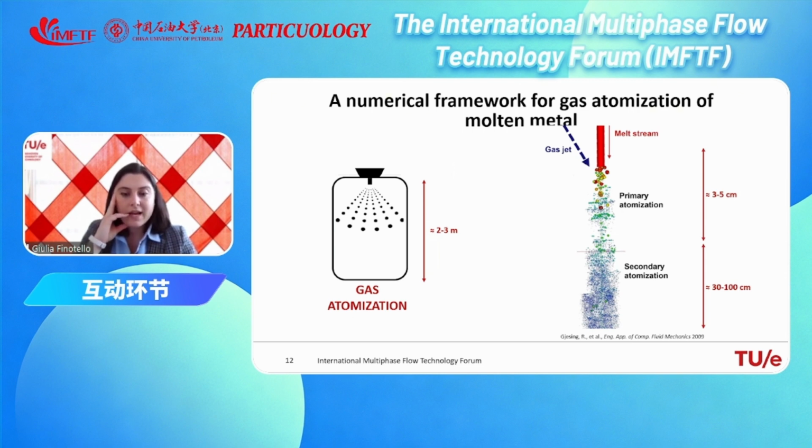These are very high shear flows, so you have a lot of deformation. That's where we really focus our attention. As I said, the main challenges are high curvature and high surface tension, and that is where we looked into developing a surface tension model able to treat molten metal.